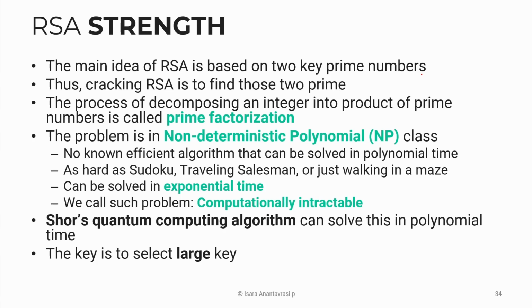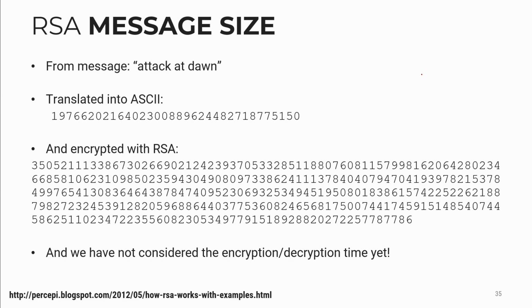The key of all this is to select a key that is large enough. So RSA does a lot of what it is designed to do, it is solved, right?